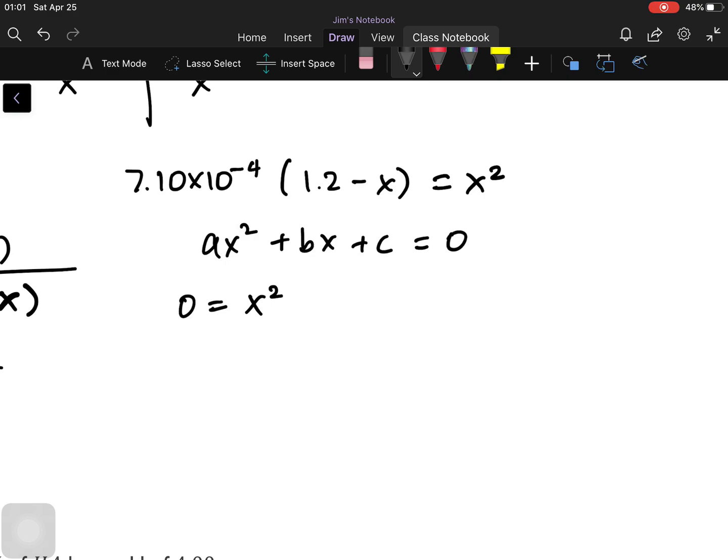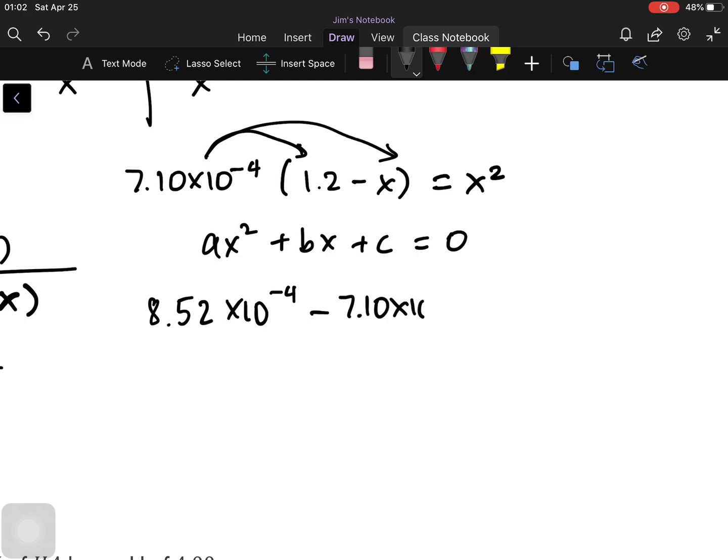Then what's next? I'm going to multiply this and that. By the way, let's simplify this first. So that's 7.1 times 10 raised to negative 4 times 1.2. That's 8.52 times 10 raised to negative 4 minus 7.10 times 10 raised to negative 4 x equals x squared.